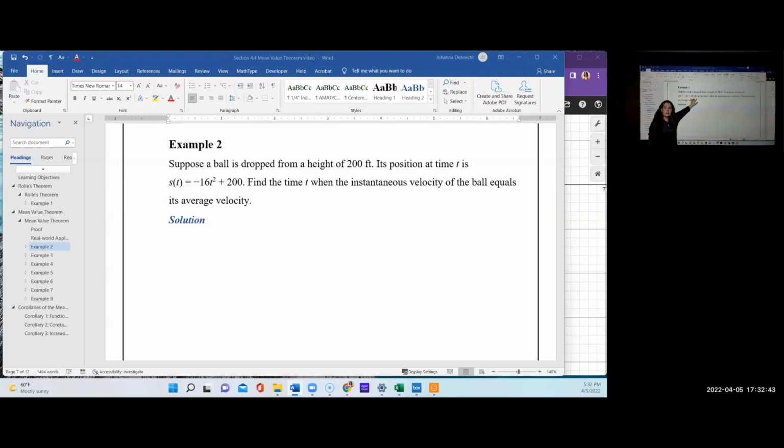Now, where does this equation come from? First thing to note is the negative 16 is actually coming from the effect due to gravity. The effect due to gravity, if we call down the negative direction, is 32 feet per second per second, and we're taking half of the acceleration for reasons you'll discover if you take a physics class.